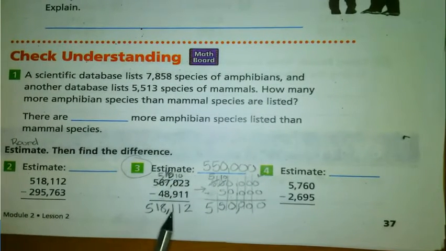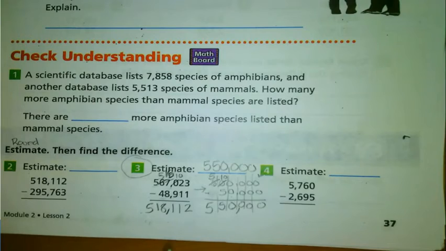So we should have 518,112. Now your child's going to look at it and they're going to go, is this close to 550,000?